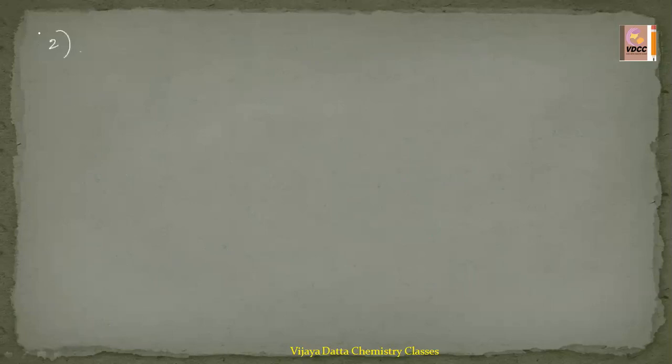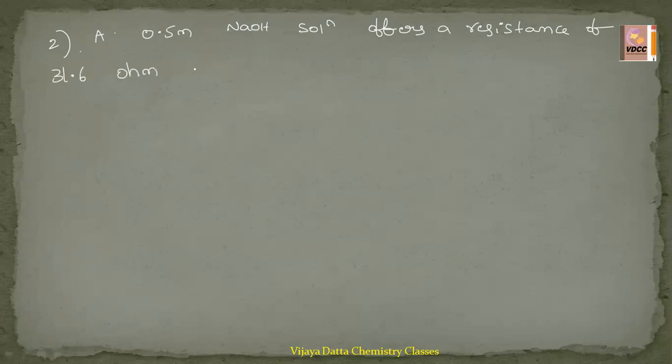A 0.5 molar NaOH solution offers a resistance of 31.6 ohm in a conductivity cell at room temperature.